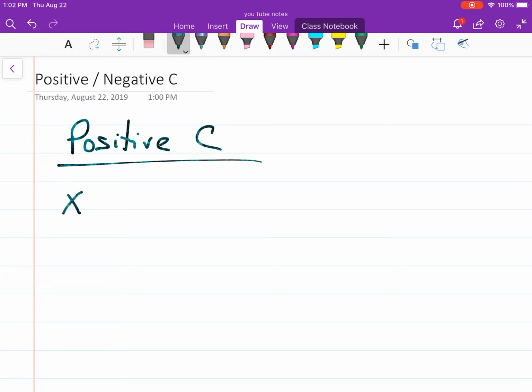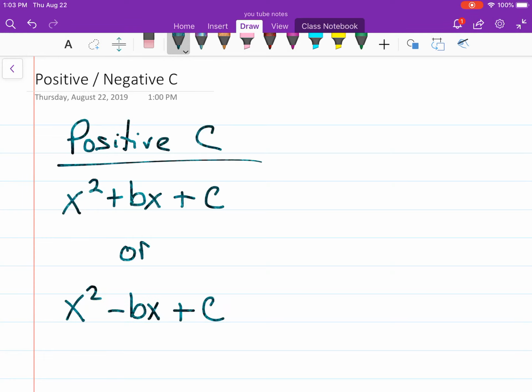X squared plus bx plus c, or your template could be x squared minus bx plus c. The number before the x, the b, and the c, these will all be actual numbers in the problem.